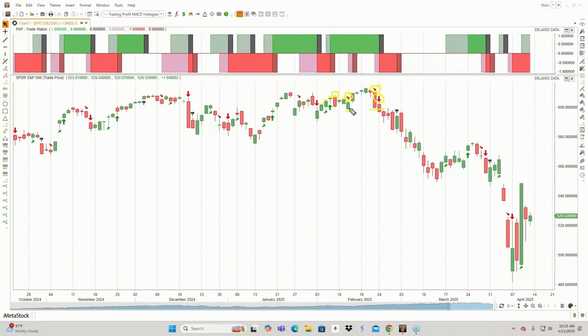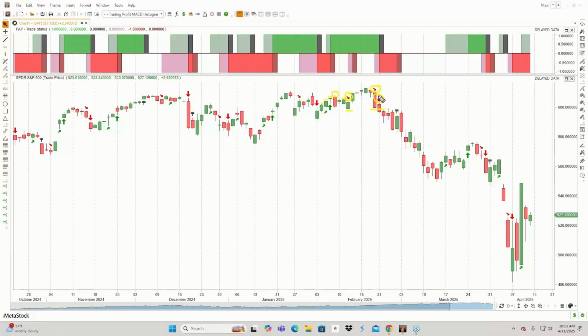But we didn't get follow through. And this is why we use that technique of a sell stop order for a bearish price action pivot or a buy stop for a bullish price action pivot, because we want added confirmation and follow through in the direction. We didn't get it here, so no harm, no foul.